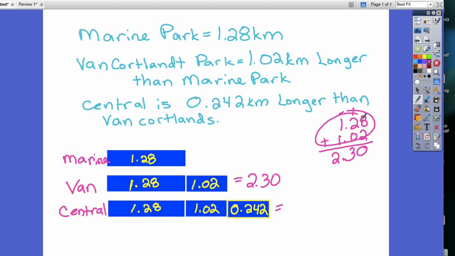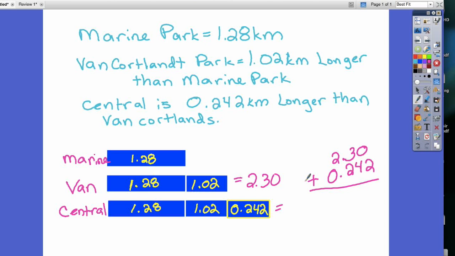242 thousandths to that. Whoops. And I'm putting it in the wrong place. What should I do above my 2? Everybody, above my 2. Wake up, people. Everybody, above my 2. One more time. 0.